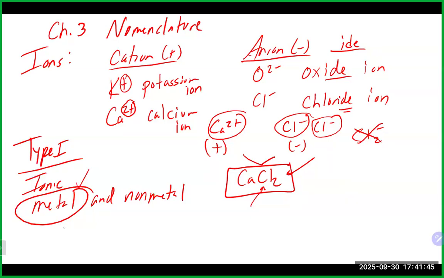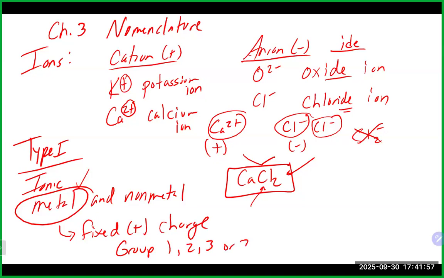In the case of a type 1 metal, that means it has a fixed positive charge. And usually that means group 1, 2, 3, or zinc, cadmium, or silver. These are all metals that have fixed positive charges.